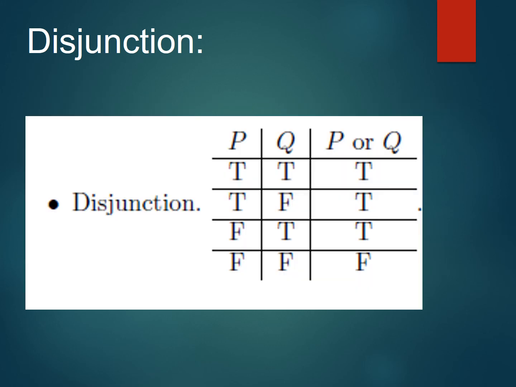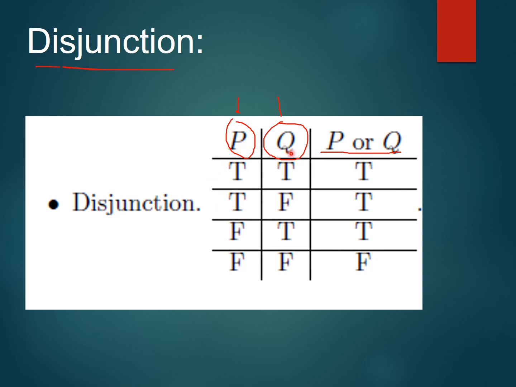Now constructing the truth table for disjunction. As there are two propositions P and Q, there are two columns, one for P and the other for Q. The last column is for the compound proposition, the disjunction P or Q. As there are two propositions, there will be four possible rows for the truth table.